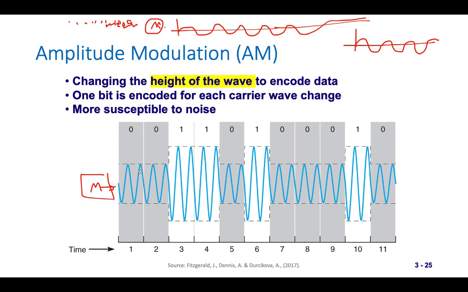That's the carrier, and I want to put data inside that, 010101. The first type of modulation we call amplitude modulation. So the signal, as you can see over here, that's the signal.